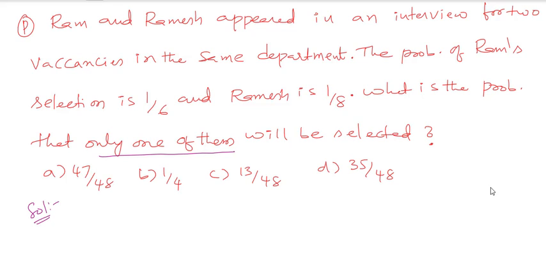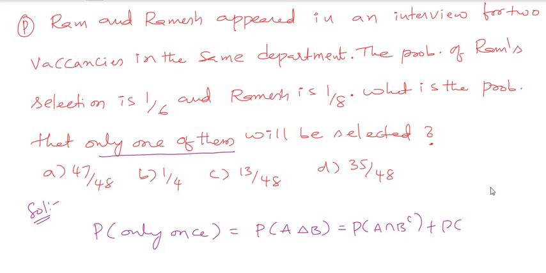That I can represent as the probability of A delta B, which is the probability of A intersection B complement plus the probability of A complement intersection B. Am I correct or not?